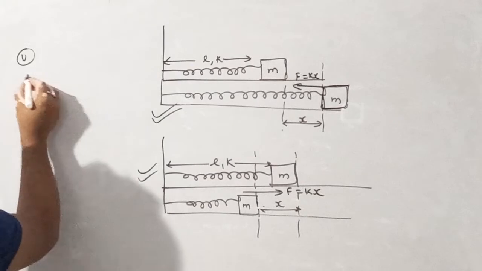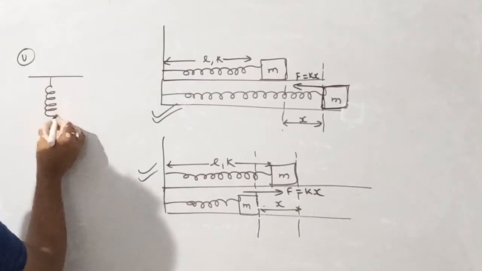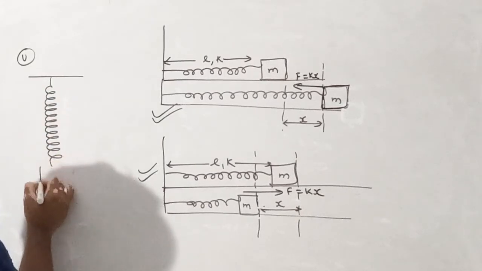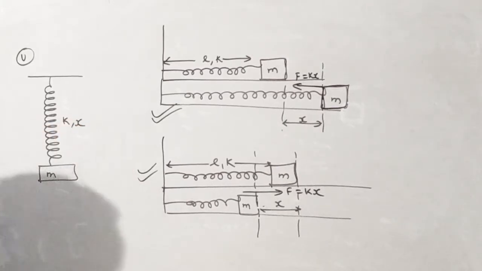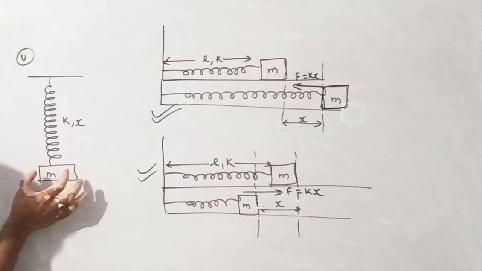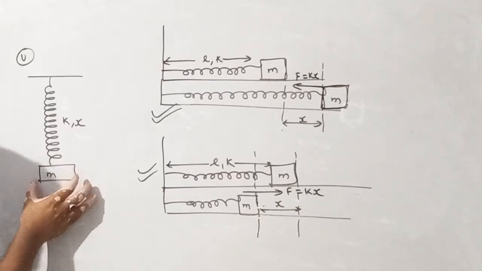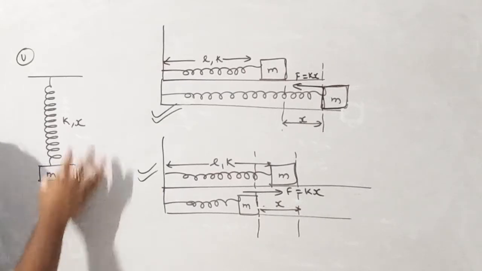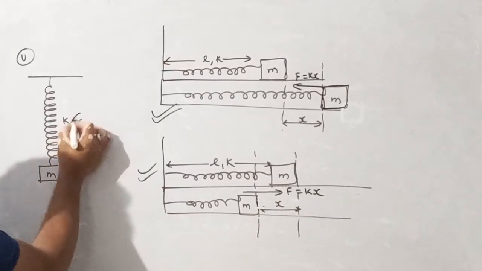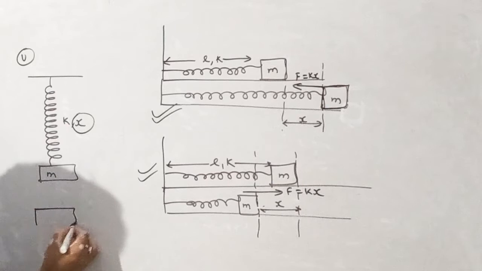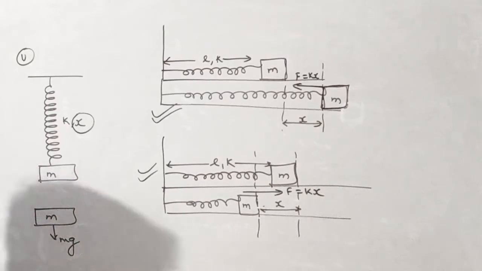Moving forward, let's see one more example. Let's suppose we have a block of mass m and spring constant k, and it is obvious that the block moves down. So in this spring, elongation takes place. Let's suppose the elongation is x. I'm making the FBD. If the mass is m, then its weight is mg.